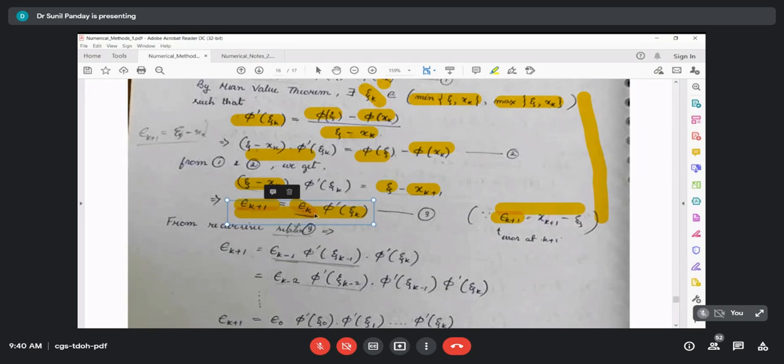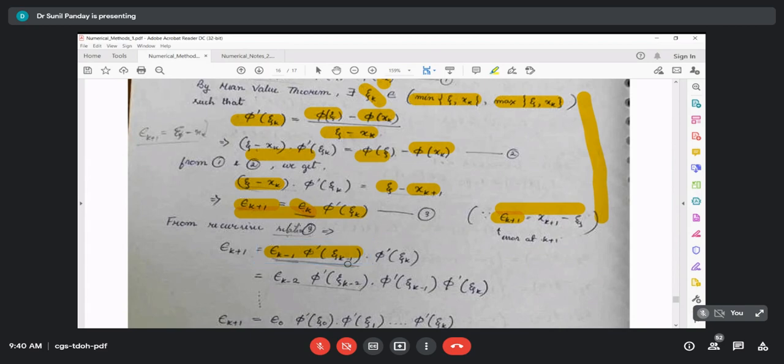If I replace the index k by k minus 1, I will get epsilon_k equals epsilon_{k-1} phi dash of xi_{k-1}.